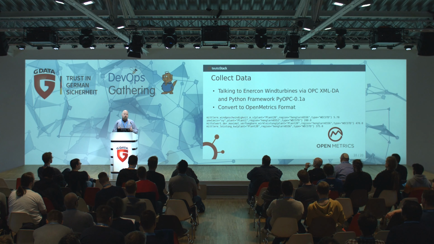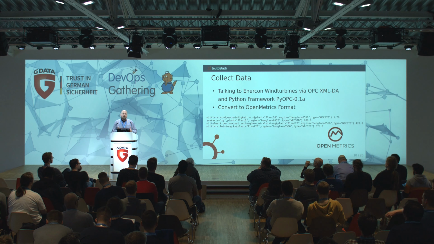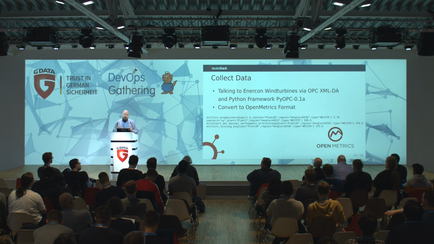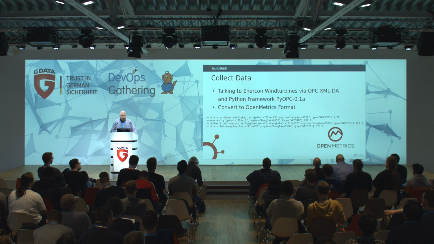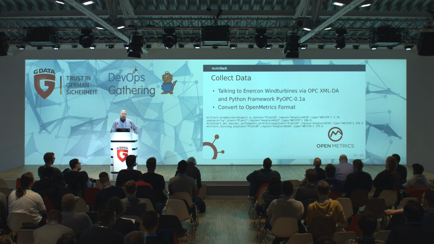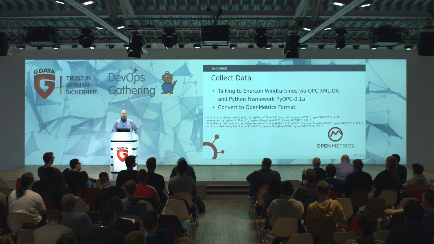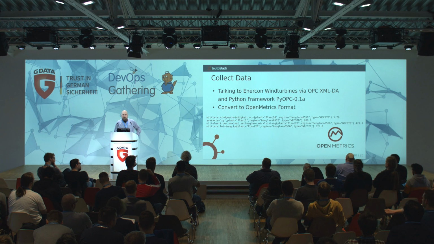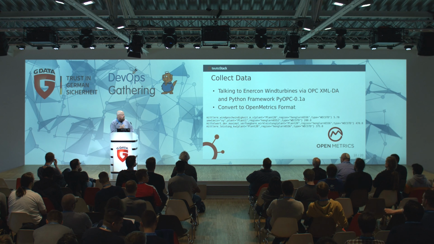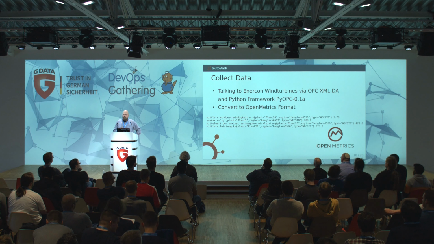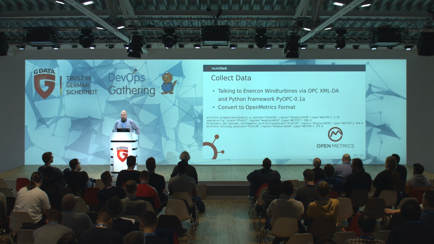And they use Enercon wind turbines, and they have an interface, OPC XML DA. And this is a somewhat ancient interface, but fortunately there was a Python library available on the internet. It's PyOPC 0.1, the newest release from 2006.